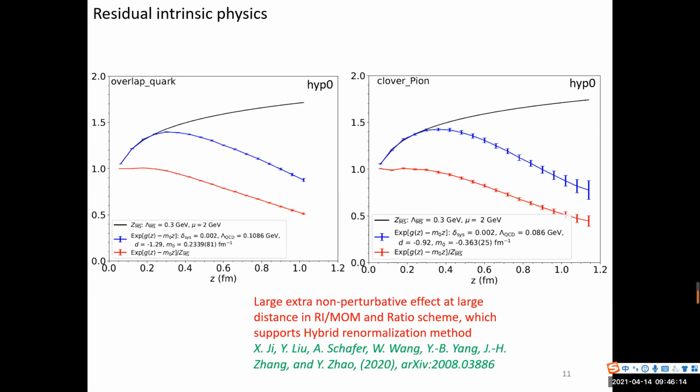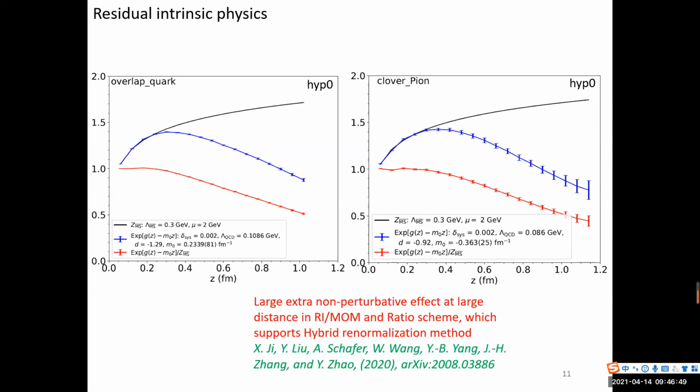You cannot have a universal curve. The universal curve only means you have twist-2 dominance, right? The universal curve is when you take the large momentum limit, you have twist-2 dominance, and then you have a universal curve. If you have a higher twist effect, you cannot have a universal curve unless you take the Pz going to infinity limit. For finite Pz, you cannot see it because of higher twist effects, as shown in this plot.